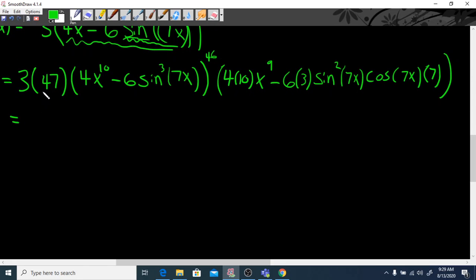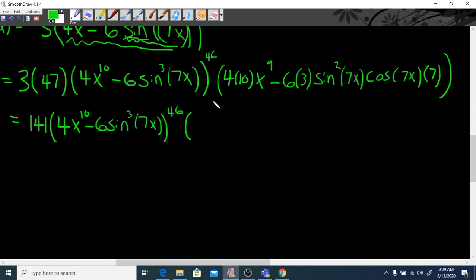So can we do any sort of cleanup? 3 times 47. Oh boy, that's like 120 plus 21, right? 141? 120 plus. Yeah, has to be. Okay. 141 times, nothing we can do here, so I'm just going to write it down again. To the power of 46.